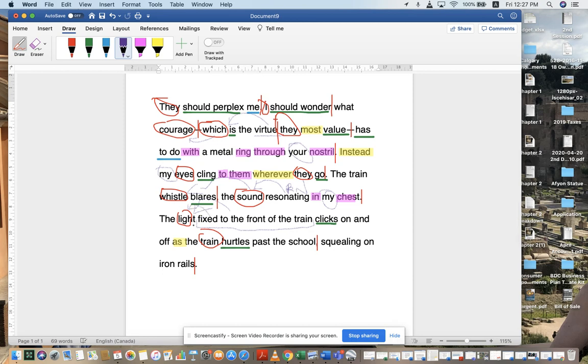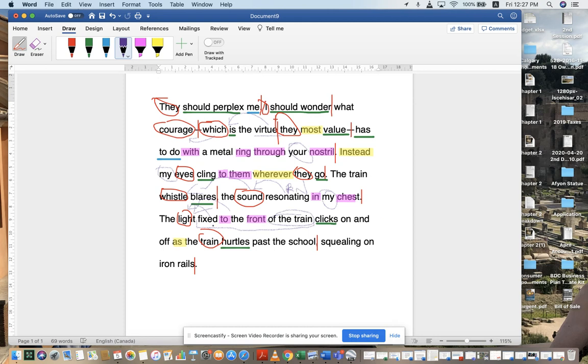Okay, so the light having been fixed, where? Because this is a participle, just like we've seen resonating over here and in other examples, it will take its own direct object. But because it's been fixed to, preposition, the front, and who owns the front? The train. So that's a possessive right there.